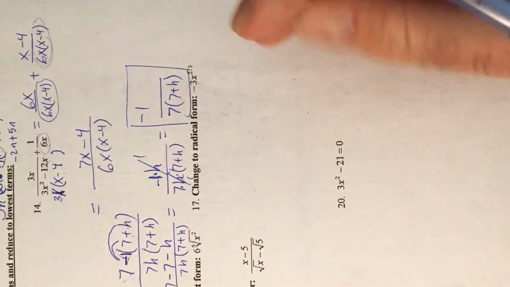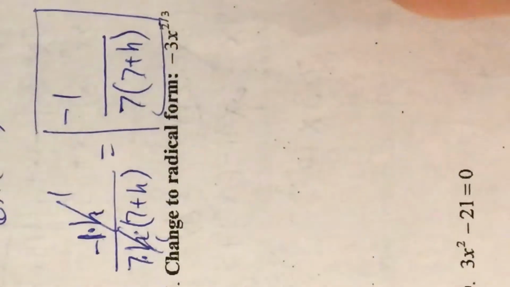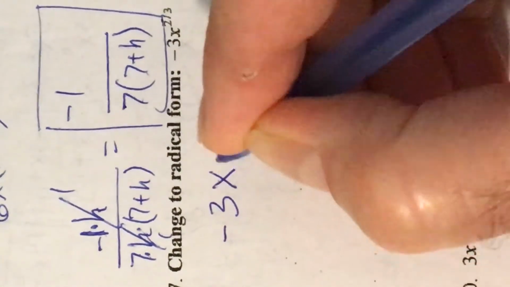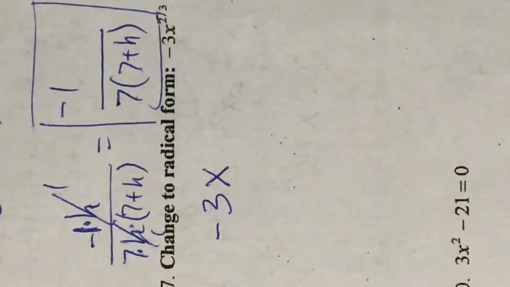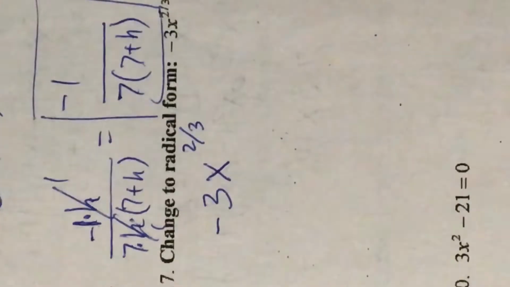So let's look at 17 first. 17, you have, let me write it again. I wrote on it, now I cannot read. Oh, 2, I thought it was 3. 2 over 3.